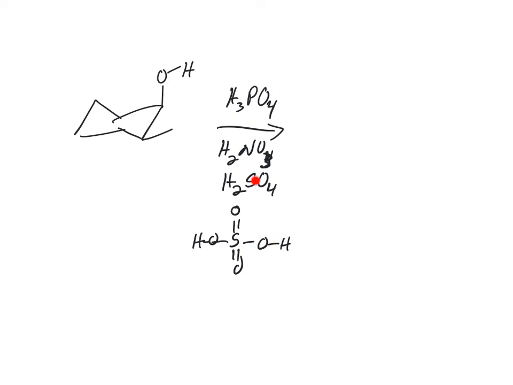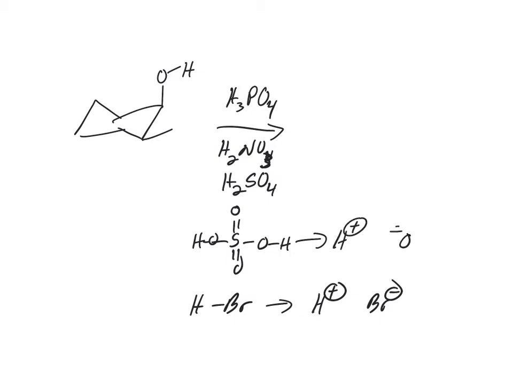So none of these, once they react, unlike something like HBr, when it reacts, you're going to have H plus and Br minus. When this dissociates, I guess I'd say, you have H plus, O minus, and this. And that's the same for these as well.